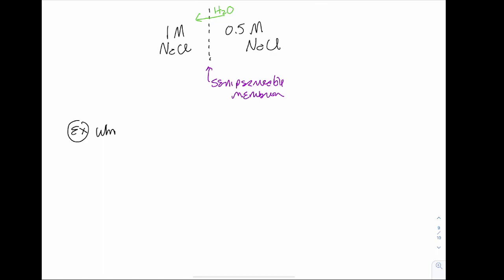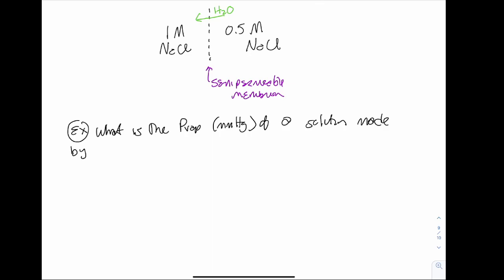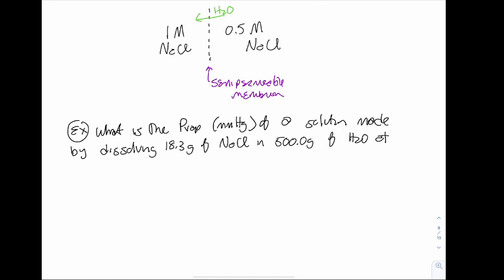We want to know what is the vapor pressure, and we'll calculate it in millimeters of mercury, of a solution made by dissolving 18.3 grams of sodium chloride in 500.0 grams of water at 70 degrees Celsius, which is pretty dang hot.